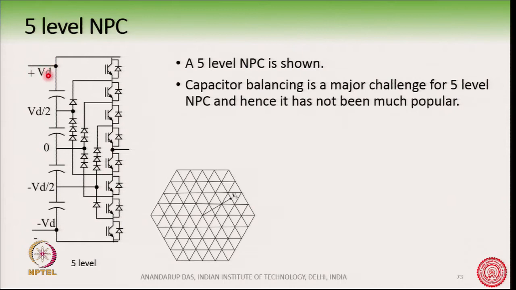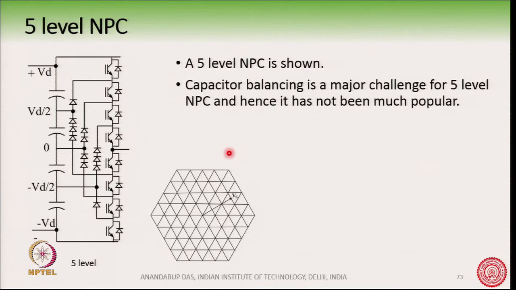You have this Vd voltage here and the minus Vd voltage and the 0 point here, like a conventional 3 level NPC. But now, you have also 4 capacitors here, and all the capacitors have equal voltages. So, this is 0, this is Vd by 2, this is Vd, and then minus Vd by 2 and minus Vd. So, the whole DC bus voltage is split into 4 equal parts across all the capacitors.